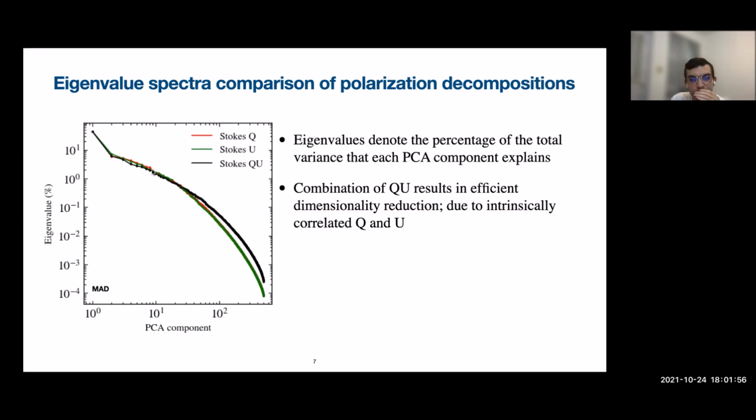And so the reason that we established that based on this plot, the combination of those Stokes was better is because if you observe basically here, these curves tell you that you can explain the same amount of variability, or variance, better to say, using the combination of the Stokes Q and U in a single analysis, because the behavior of the curves is very similar in this region over here. Not sure if that answers your question.